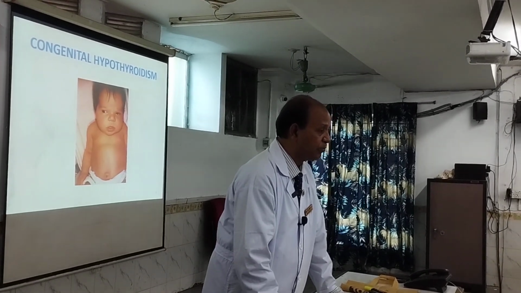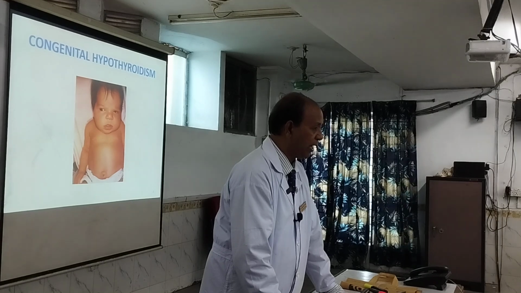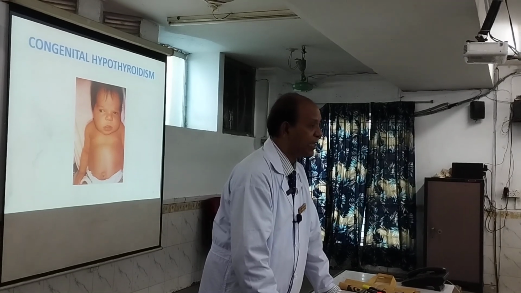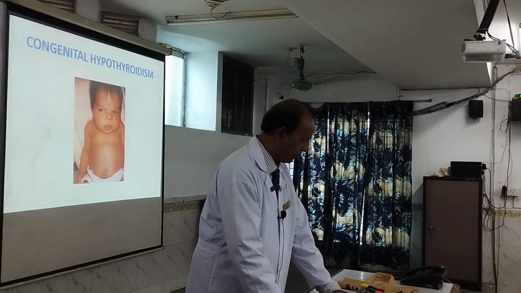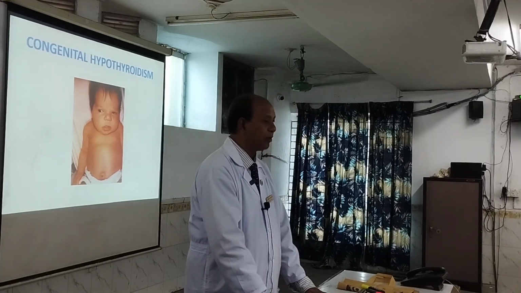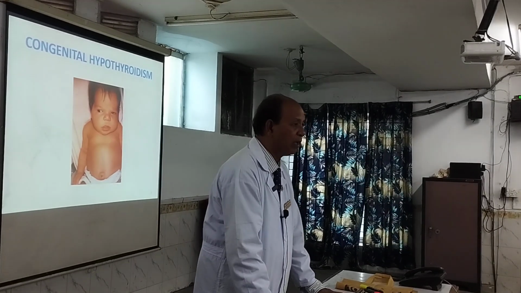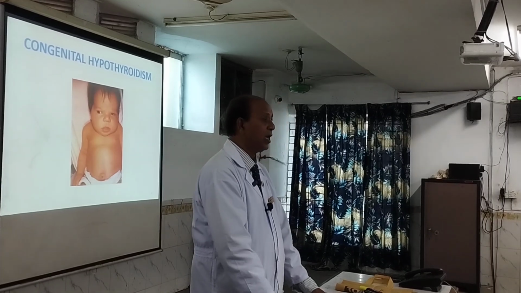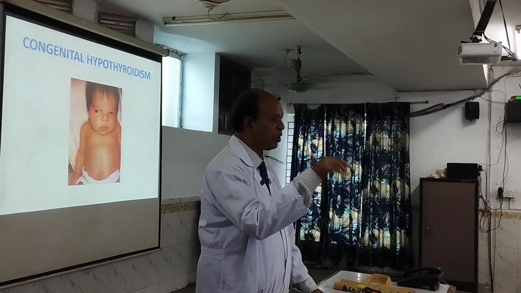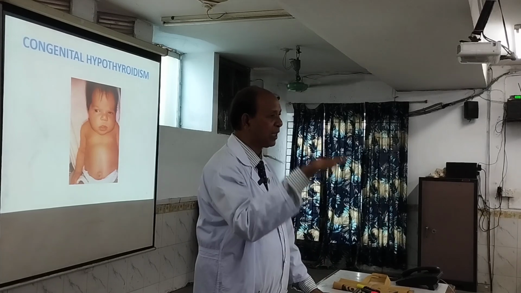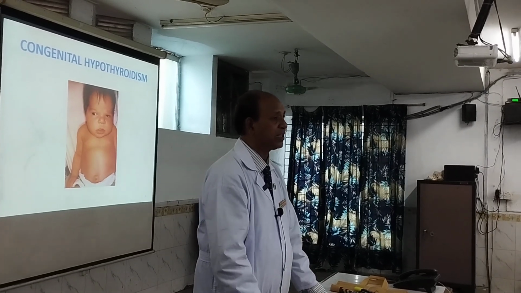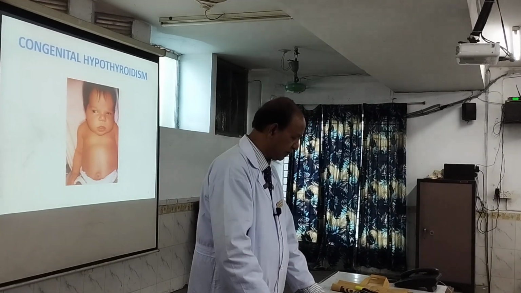Here T3 and T4 will be reduced and TSH will be raised. This is primary hypothyroidism. But when T3, T4 and TSH are all reduced, then you think this is secondary hypothyroidism. Remember this.